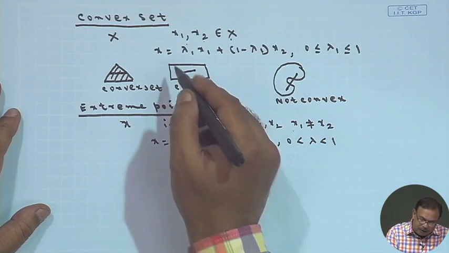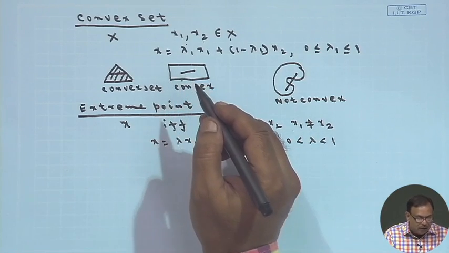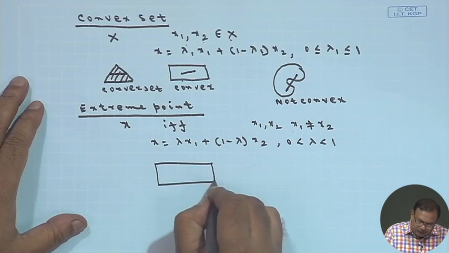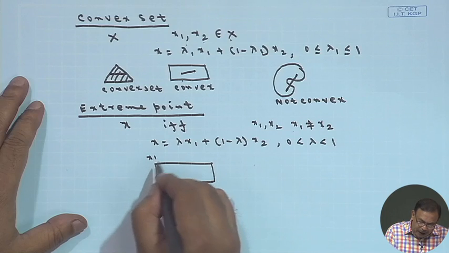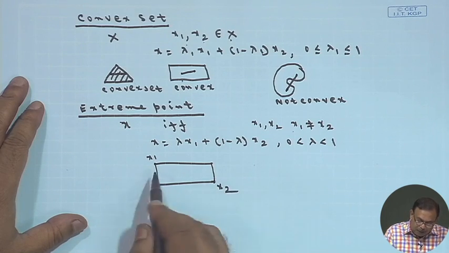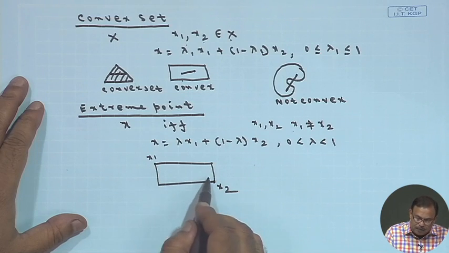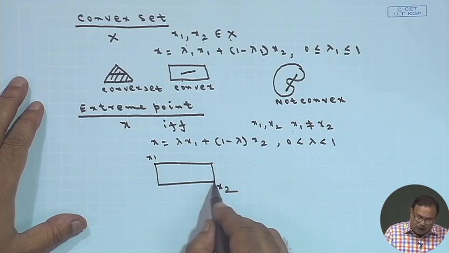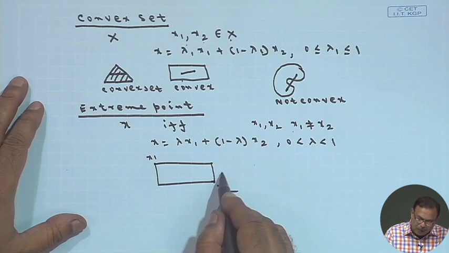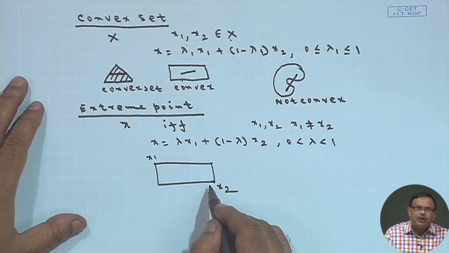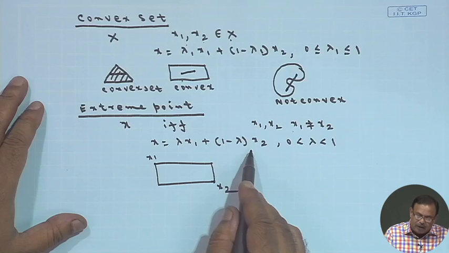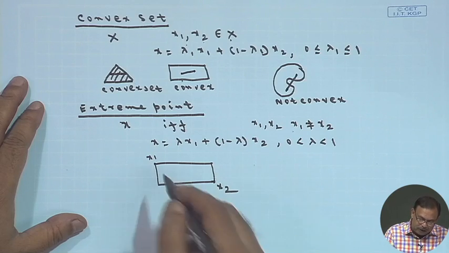So, if you see this rectangle here, let me draw it here, if I take a point x1 here, and a point x2 here, this point x1 is an extreme point of this rectangle, and x2 as well, because I cannot find any 2 points where, if I join them, the segment x1 x2 lies here.